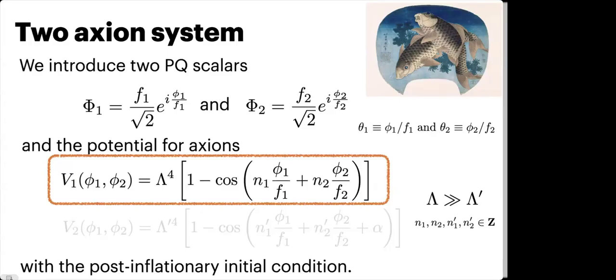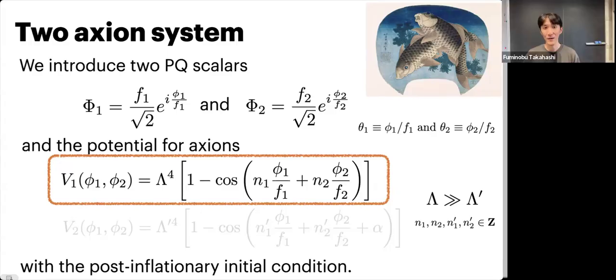The scale lambda is very different. Here we assume that lambda is much larger than lambda prime, so that for the moment we can neglect the V2 potential. If we apply this system to the QCD axion, lambda prime is set by the QCD scale, and capital lambda is some high energy scale.